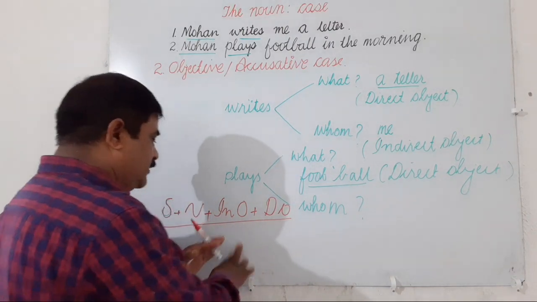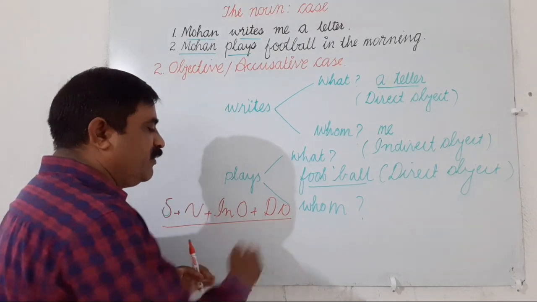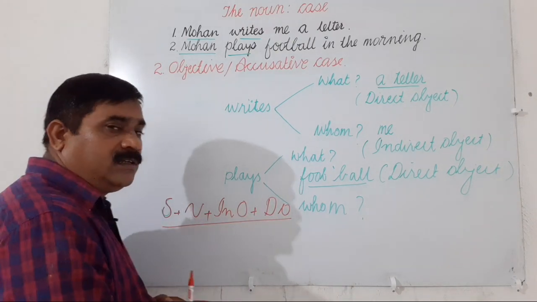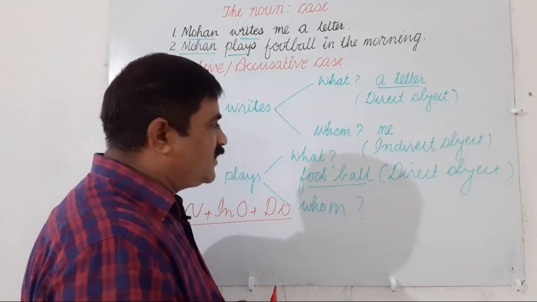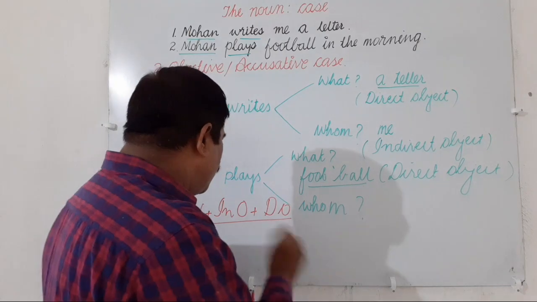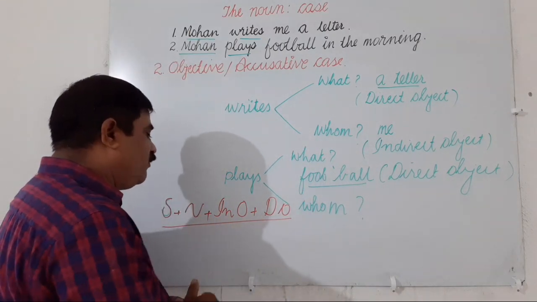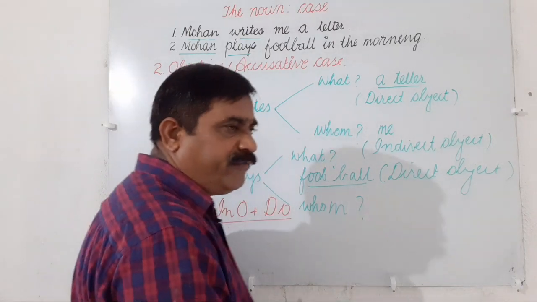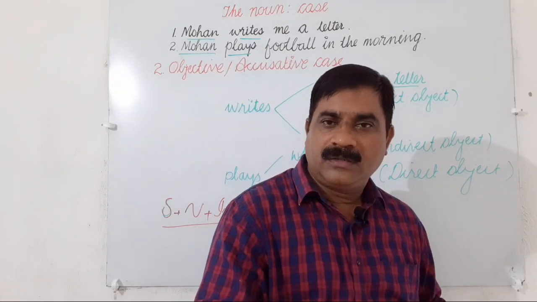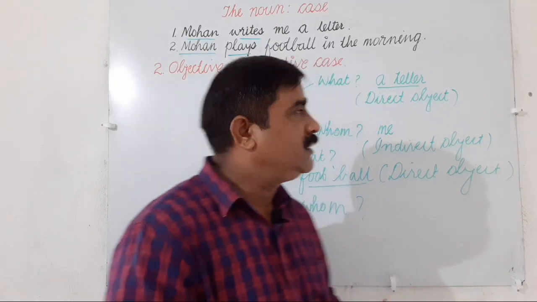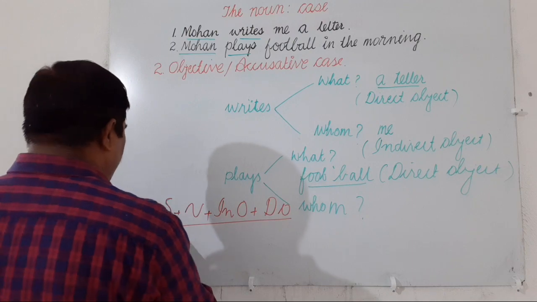Indirect object is used just after the verb and before the direct object. But in certain cases, direct object can be used just after the verb when we are going to lay stress over indirect object. For example, you can write this sentence this way as well.